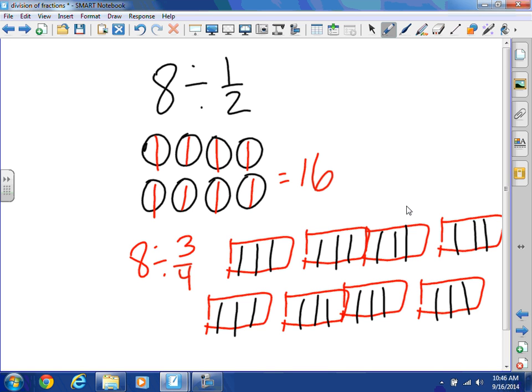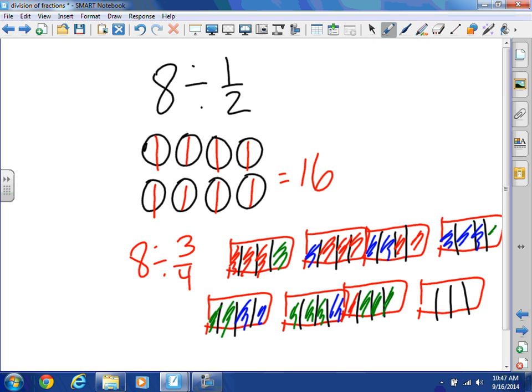So I have 1/4, 2/4, 3/4. That's 1. I have 1/4, 2/4, 3/4. That's 2. 1/4, 2/4, 3/4. That's 3. There's 4, there's 5, and I keep going, and I'm left with a half left over, right?